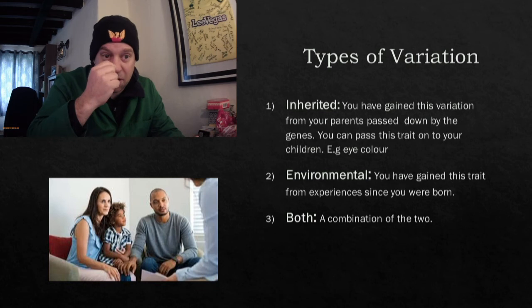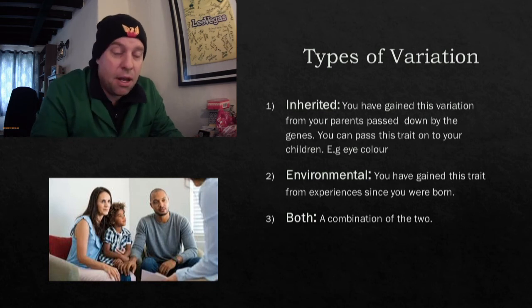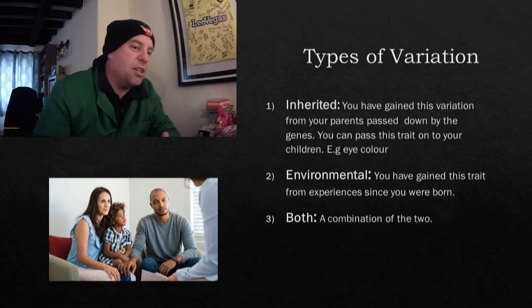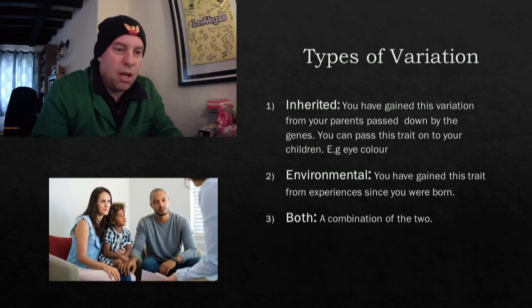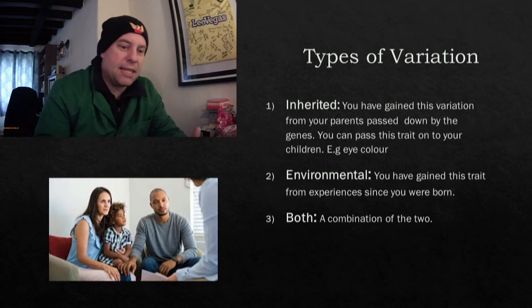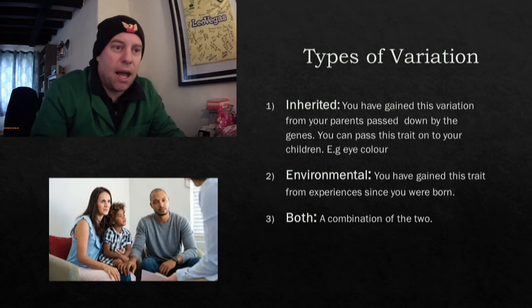We call that talent. But if you don't have any training in that sport, then it's very unlikely that you will be up near 140. You need a combination of two. Now, the training is the environmental impact. That's someone influencing you that can then be used as your variation.